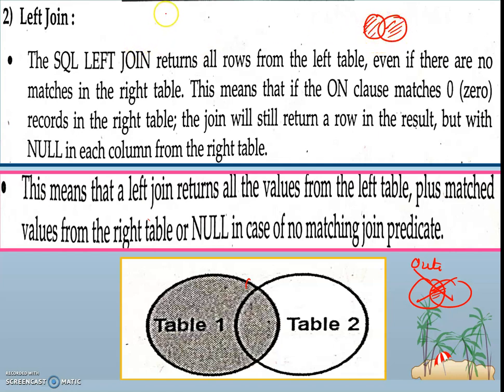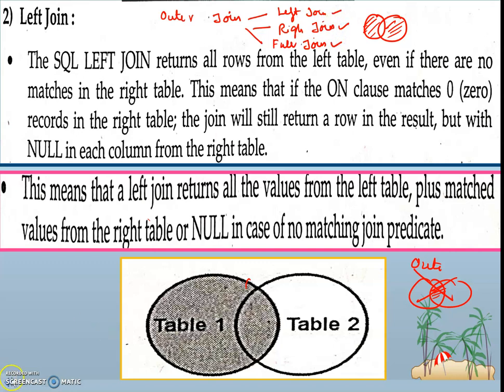The outer join is divided into three types: the first one is the left join, then the right join, and the next one is the full join. You will definitely enjoy this concept with the example, so please focus a little bit over here.